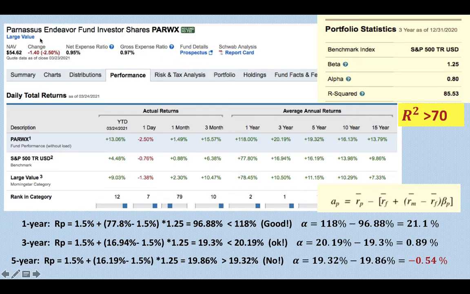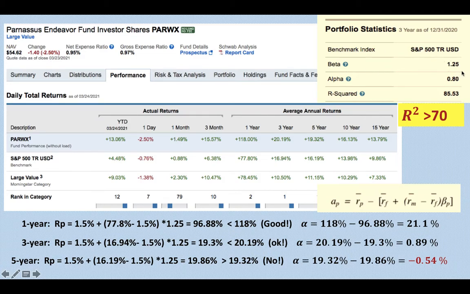Here is a real example. This is a mutual fund. You can buy these mutual funds at many broker dealers like Charles Schwab or TD Ameritrade. These mutual funds give you information here. The benchmark of this mutual fund is the S&P 500.